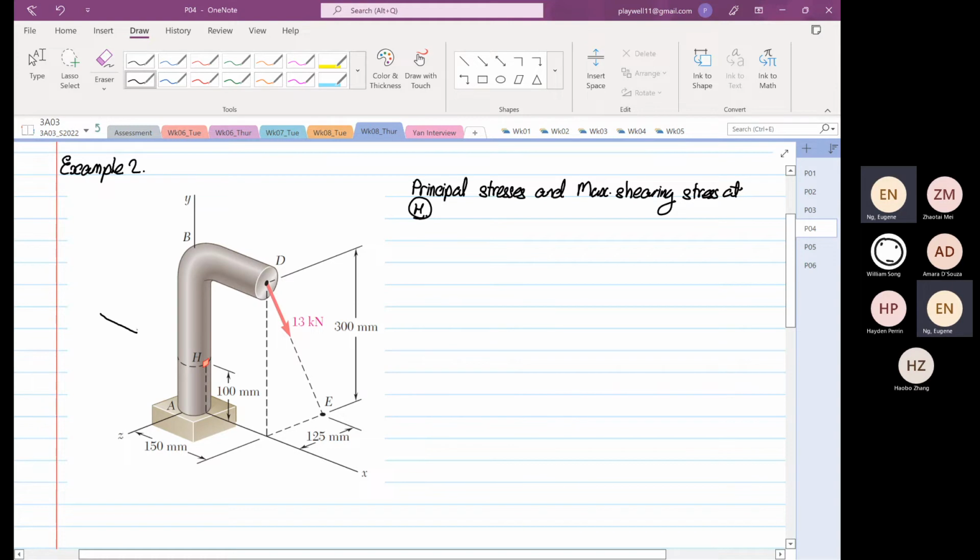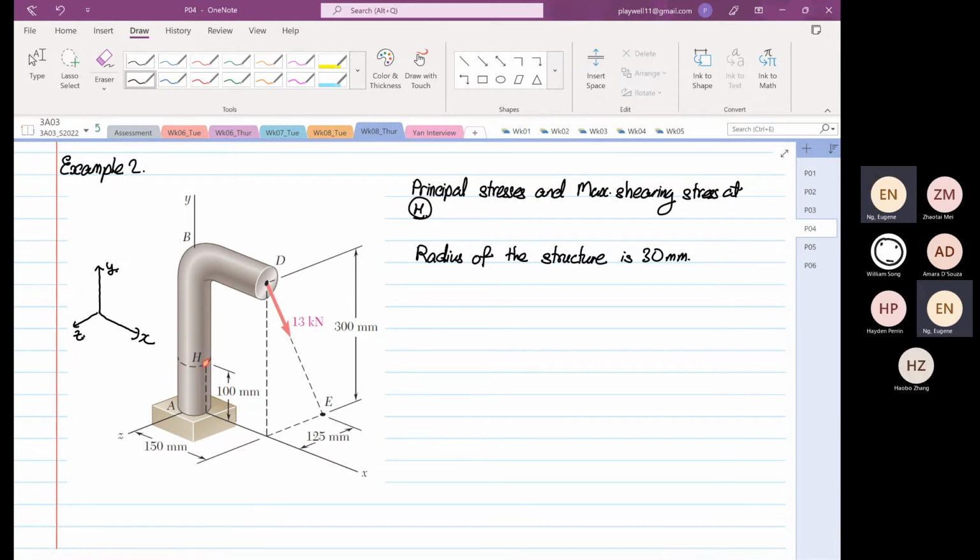So this is our X, this is our Y, and over here our Z. You don't see this in the question, but the radius of the shaft or the structure is 30 millimeters. I'm writing that as a question.